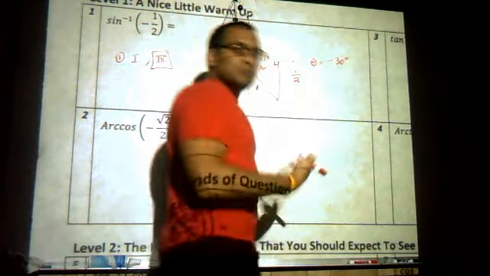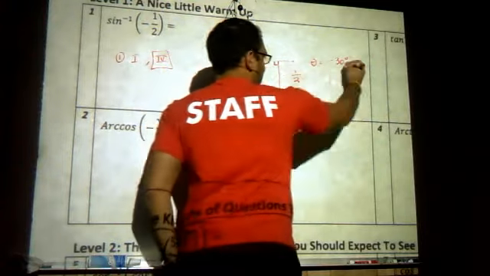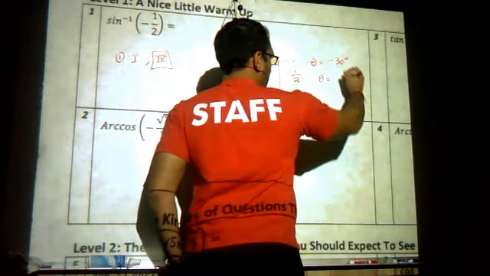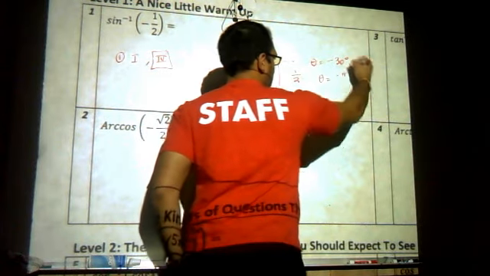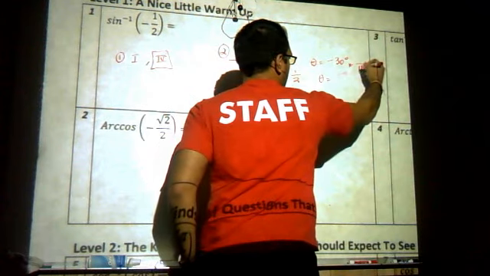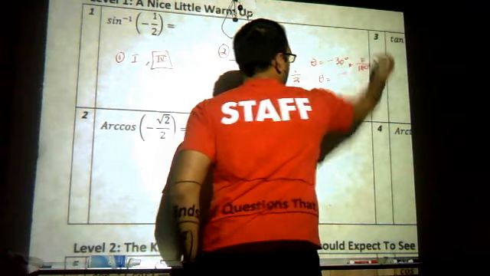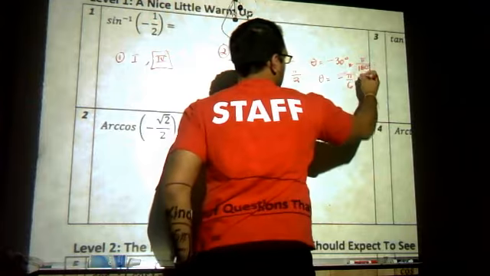Do I like degrees? Yeah, I like degrees, but do I love degrees? Nah. So in order to be in love with degrees, I have to convert them to radians. I convert negative 30 degrees by multiplying by pi divided by 180, which gives me negative pi over 6 radians.